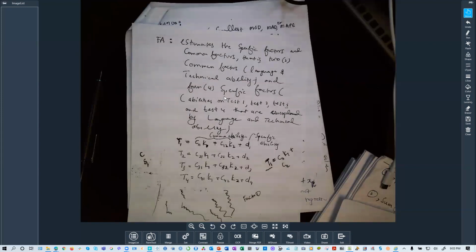You have four specific abilities and two common abilities. And the same person, one at a time, is taking test 1. When you take test 1, which is the English exam, you still have the common abilities, technical ability as well as language ability, plus specifically that English language ability.